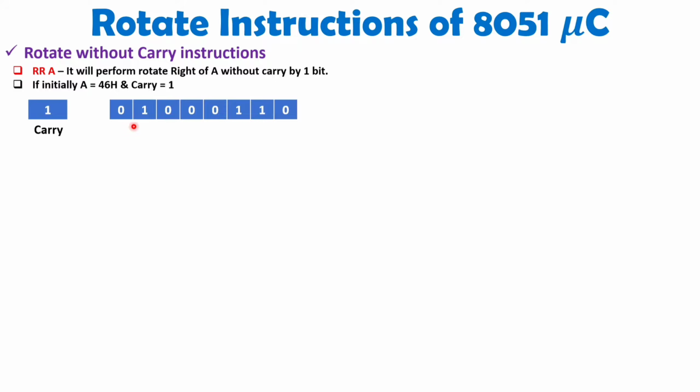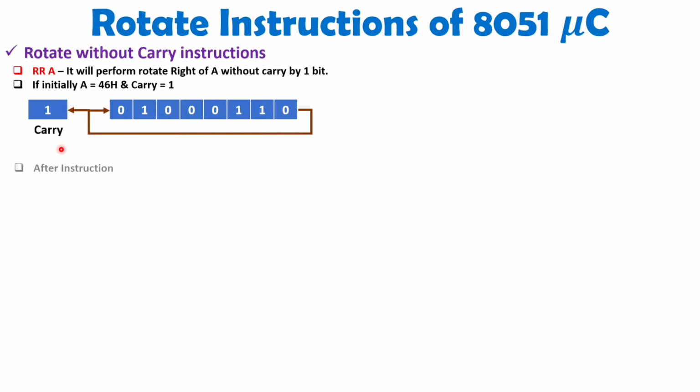Here my dear students, rotate right means what? We are dealing with rotating towards this side. The content which is available over here will go over here, and it will come back in this rotation as well as go inside carry. So here we are rotating the content of the accumulator towards the right side like this, and we are modifying carry by the LSB of the accumulator.